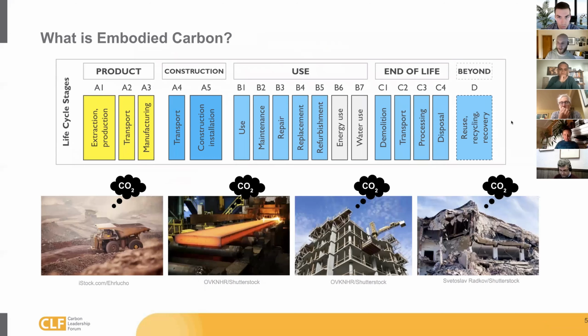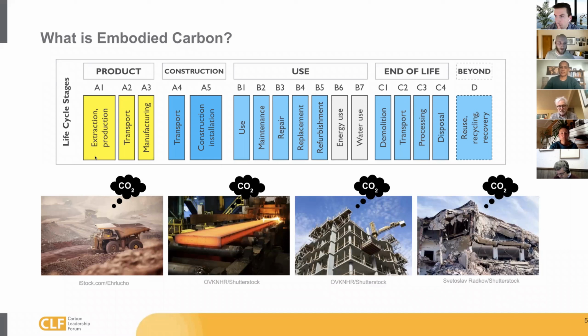So what is embodied carbon? For decades, we've talked about operational carbon, all the energy that's gone into the building when you turn the lights on, when you keep it hot or you keep it cold. But recently we've begun to realize that there's a much bigger part of this equation, one that's arguably more urgent. And that has to do with all the carbon that's released all around the building life cycle.